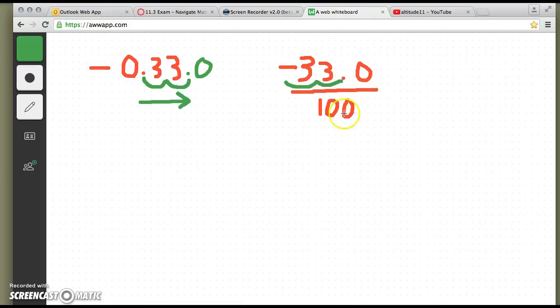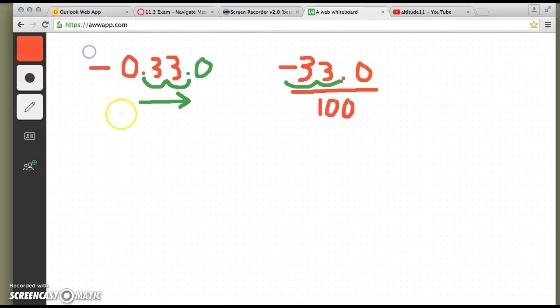When you divide by 10, you're moving the decimal place back 1 spot. If you divide by 100, which is what we did, you move the decimal place back 2 spots. If you divide by 1,000, you move it 3 spots. Divided by 10,000, you move it 4 spots, and so on and so forth.